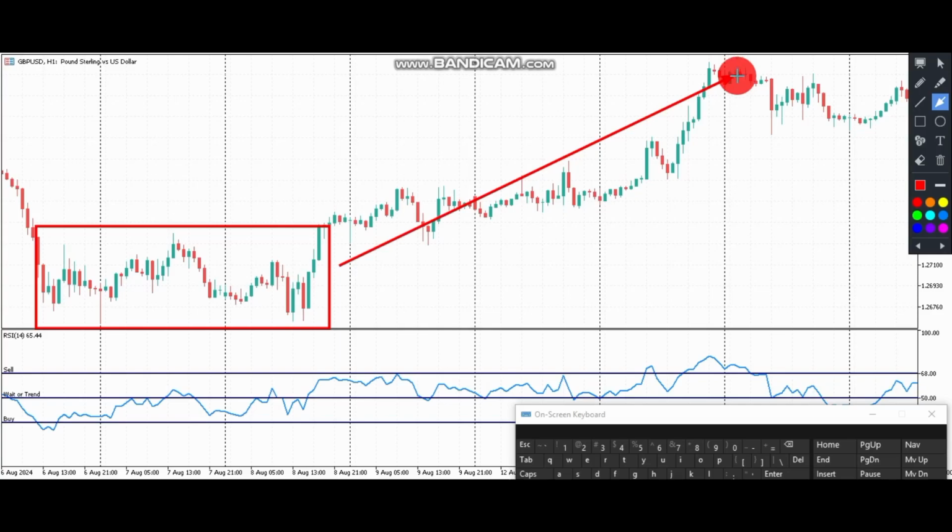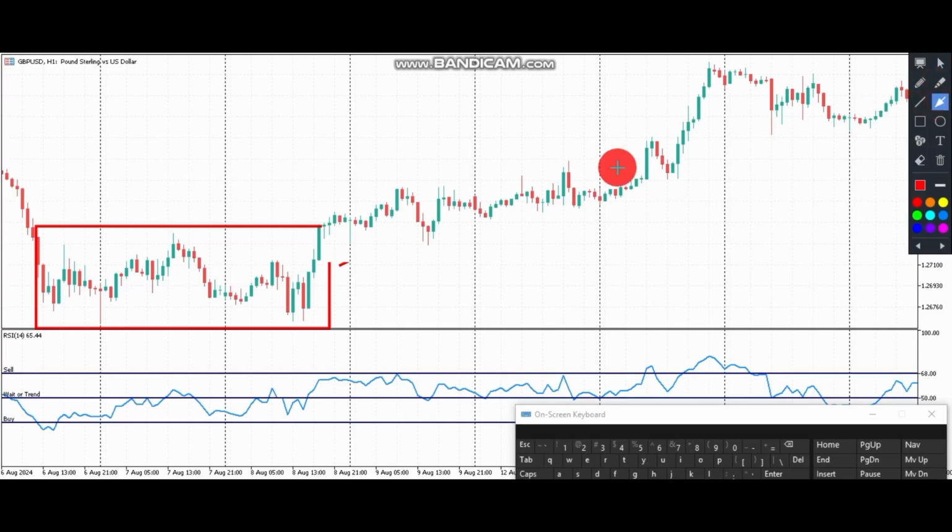Now when you have determined the market trend, you'll be able to know where you are heading to. Now we are heading for a buy. That's bullish movement.